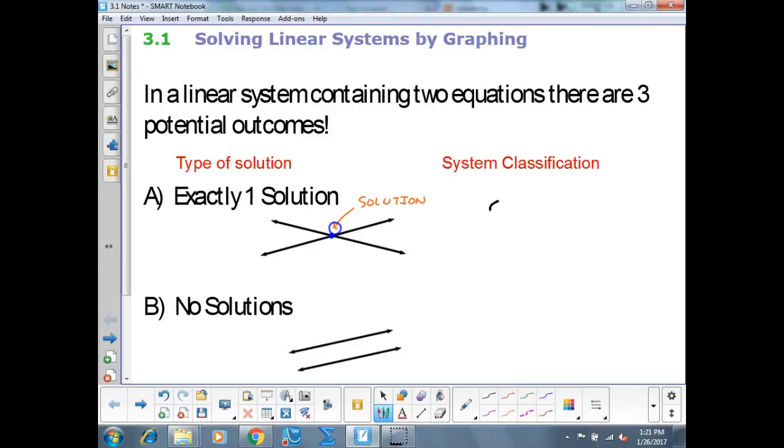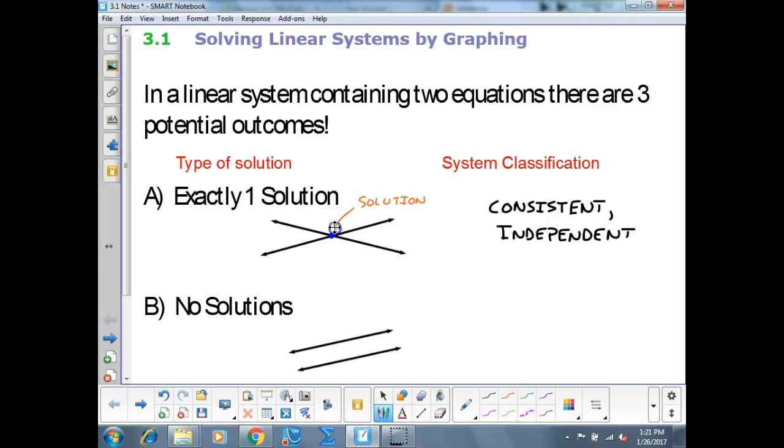That system is classified as consistent and independent, because it intersects at one point in space.